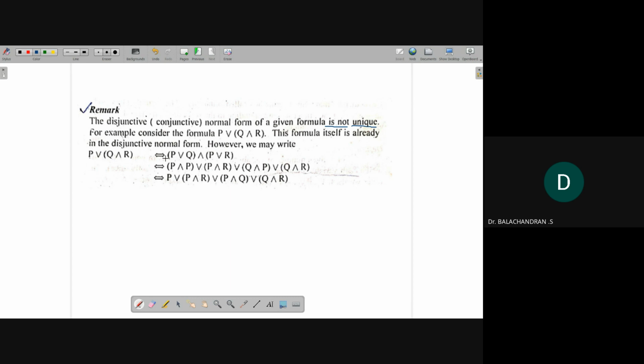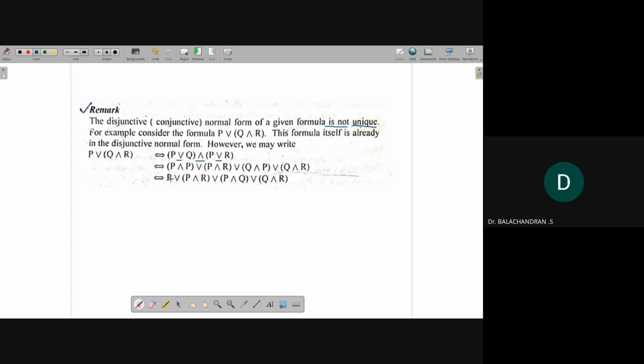Next, again I am going to apply the extended distributive law, from here to here. P and P are, where you can apply it, here you have P and here you have R and R. So P and P are, P and R are, Q and P are, Q and R.